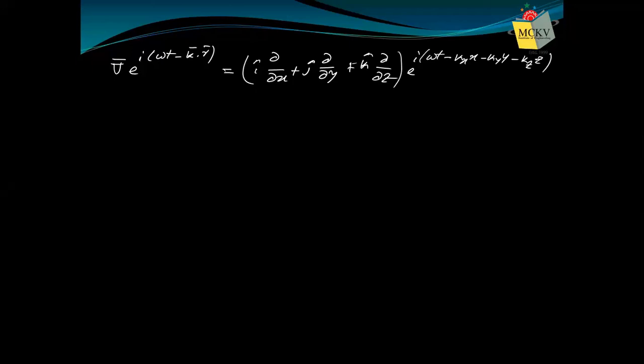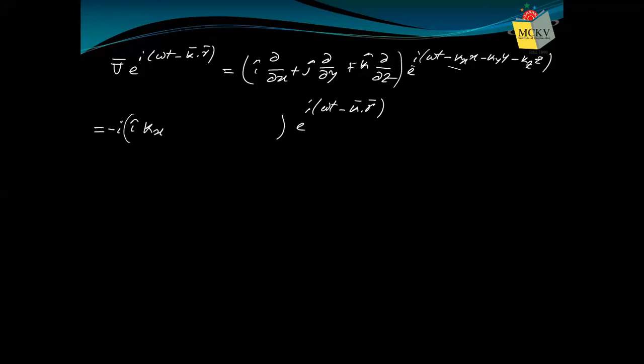So what will be the value? For the first quantity i, del x operates on the whole thing. What will come out? Minus i kx comes out, and e to the power the whole thing remains, that is omega t minus kx x, ky y, kz z, that is k dot r.